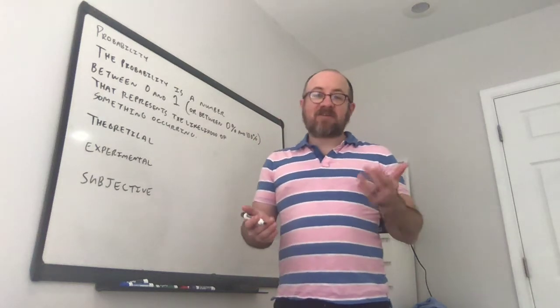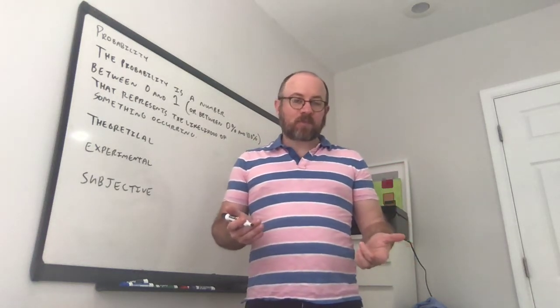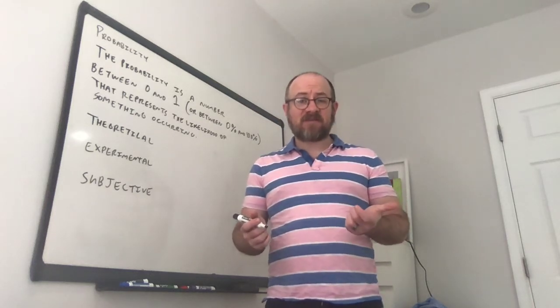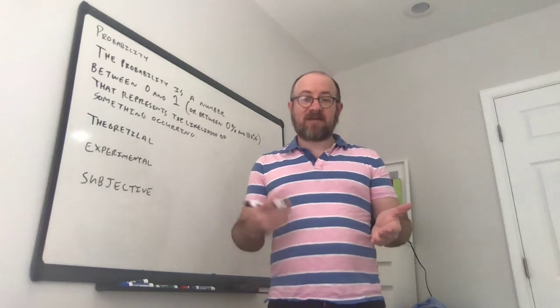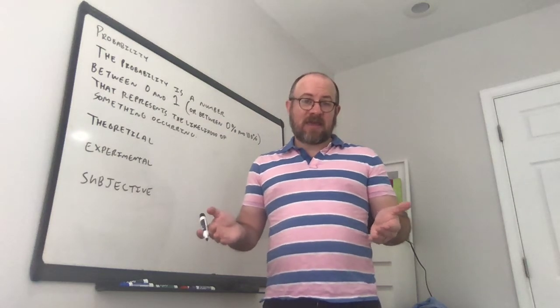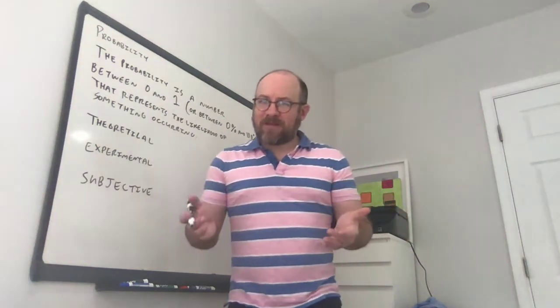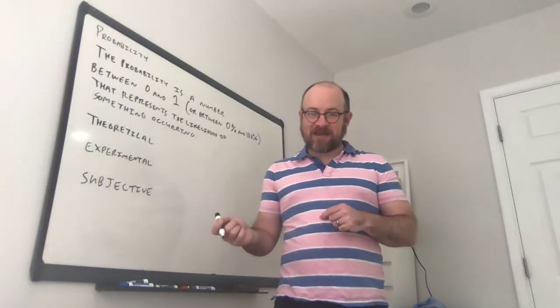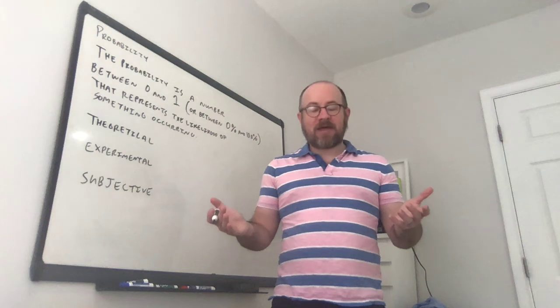Okay? Experimental probability is where we take a coin and we flip it, say 1,000 times, and see how many times it comes up heads, how many times it comes up tails. Now, because we know that a coin flip should come up 50% heads, 50% tails, we think that's true.